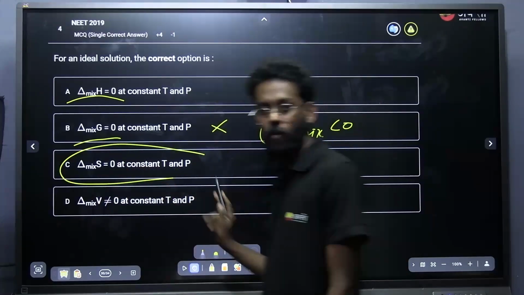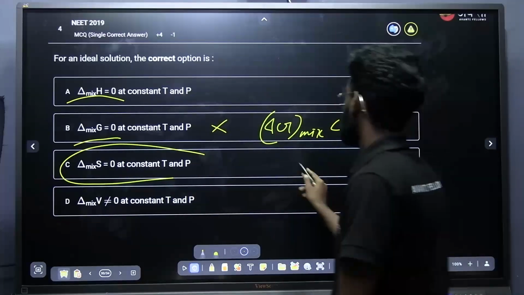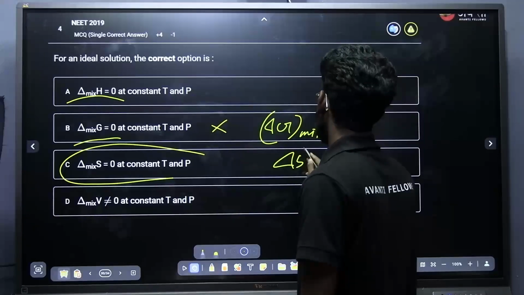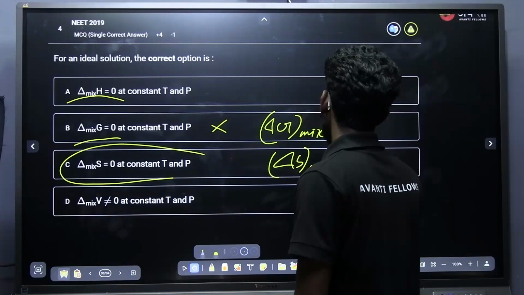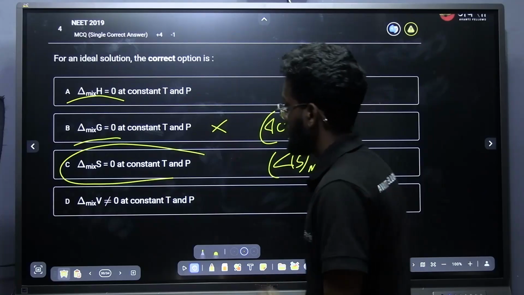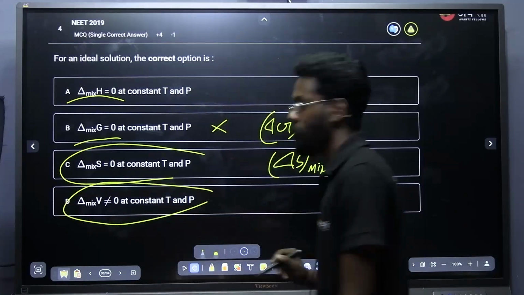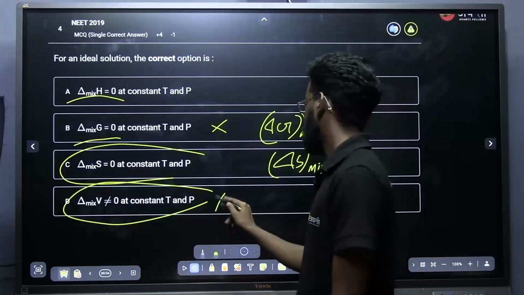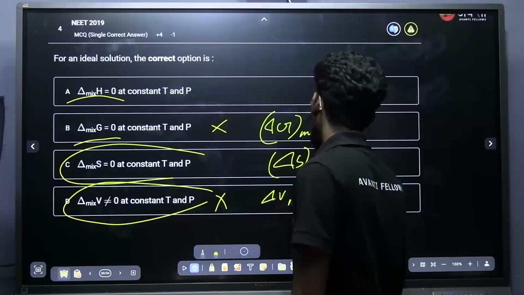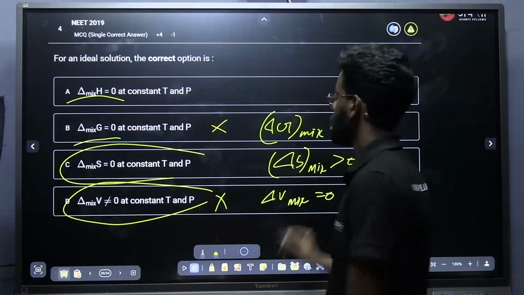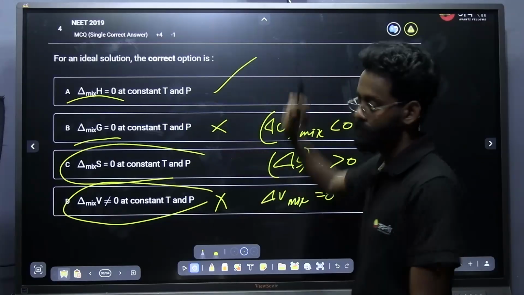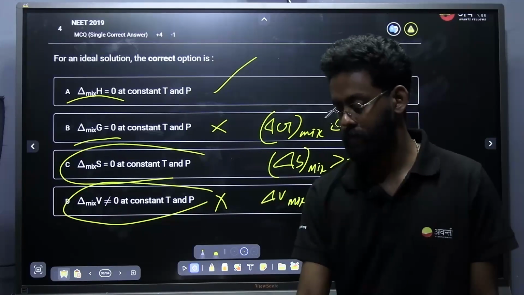Delta S mix, is it 0? No, we already discussed all these things in the class. Delta S mix is greater than 0. Delta V mix is not equal to 0? This is wrong. Delta V mix is equal to 0. So the correct option is the first one.